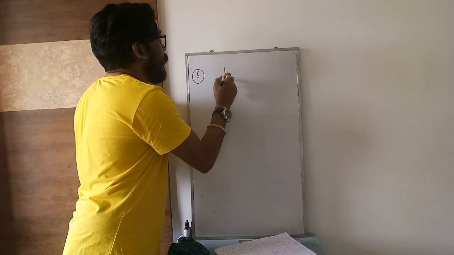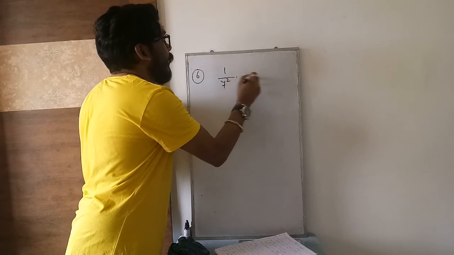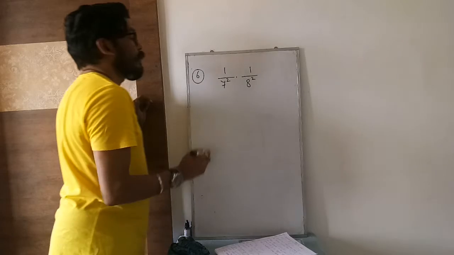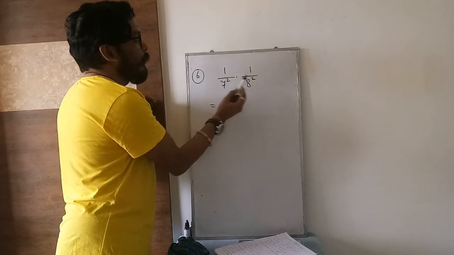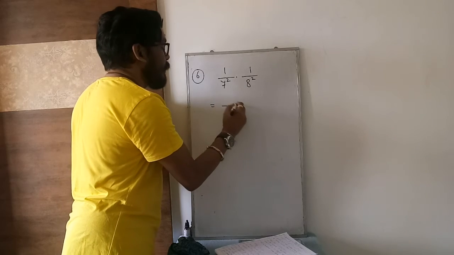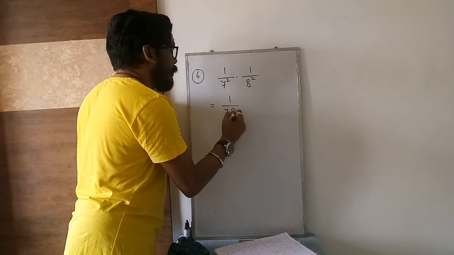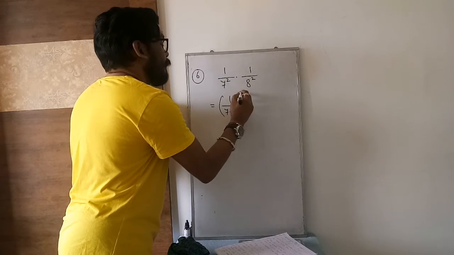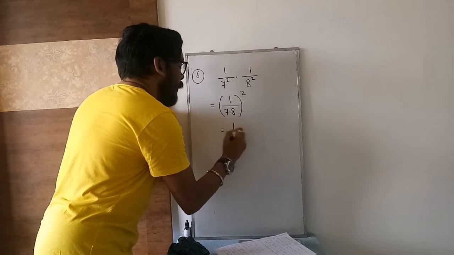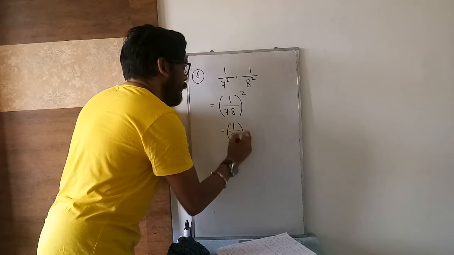So it is 1 by 7 square into 1 by 8 square. So what you can do, 7 also power is 2, 8 also power 2. So you can put in a single bracket 1 into 7 into 8 whole square. So what you can write, 1 by 56 whole square.